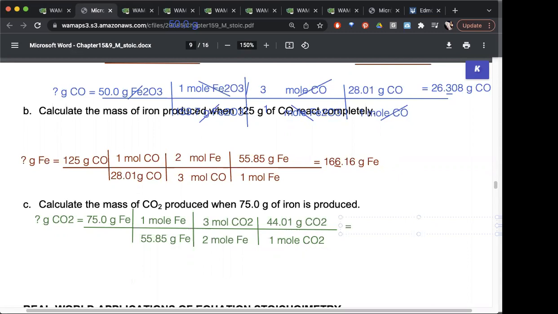Okay, in the calculator we've got 75 divided by 55.85 times 3 divided by 2 times 44.01, and we get 88.65 grams of CO2.